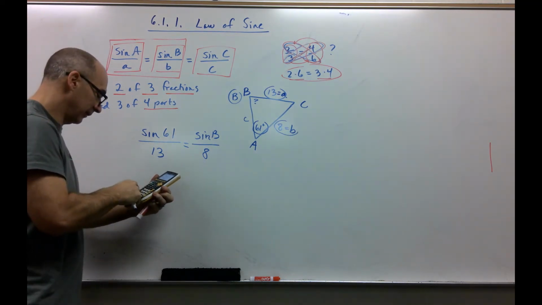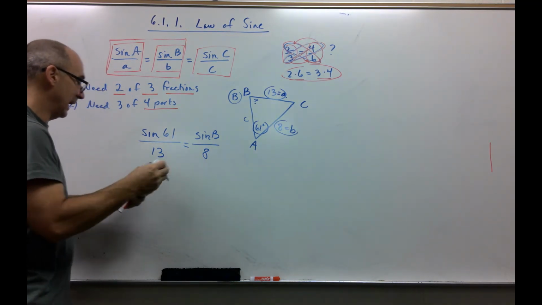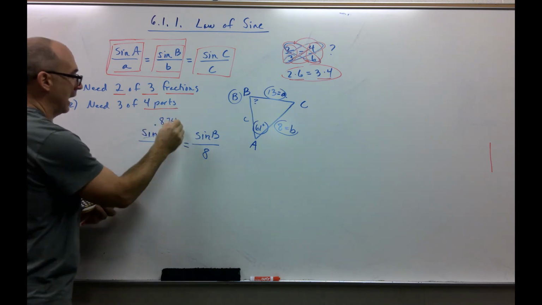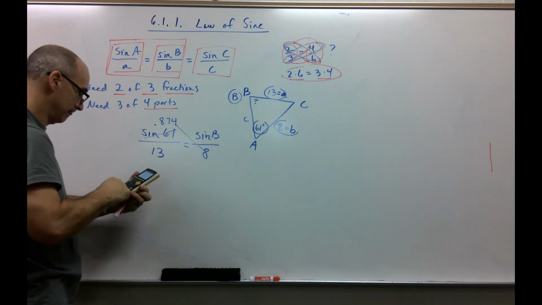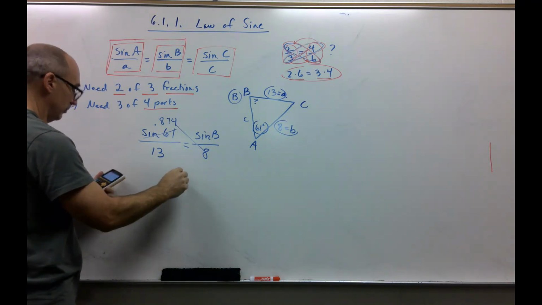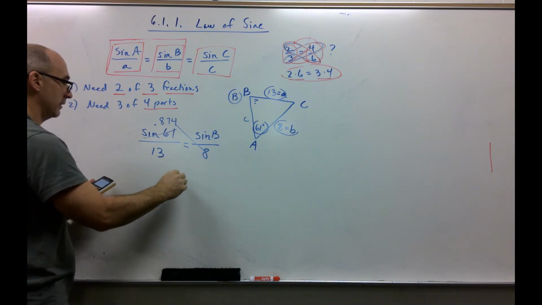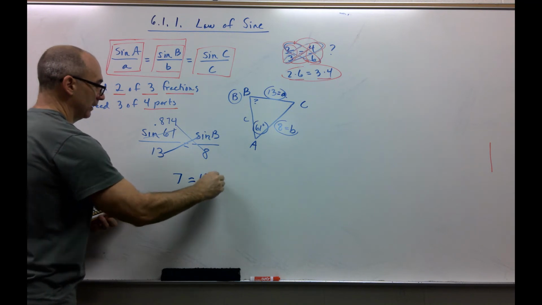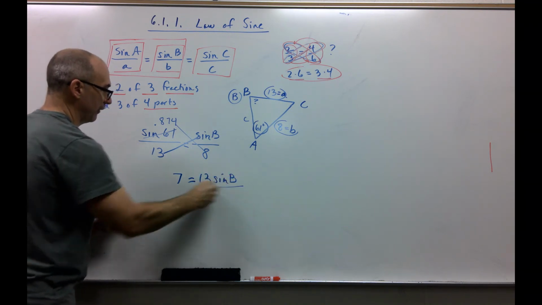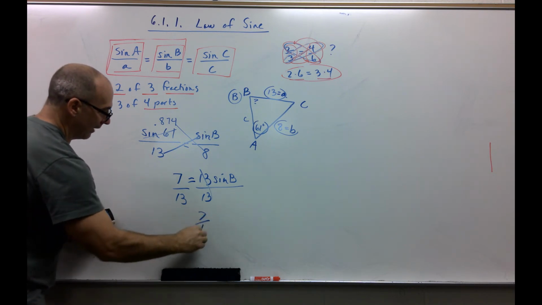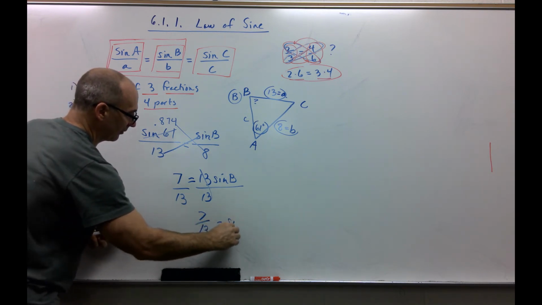Sine of 61.874 times 8 is 0.699, or 6.99. I'm just going to round that to 7. Call me crazy. And then I get 13 sine B, divide by 13, divide by 13.